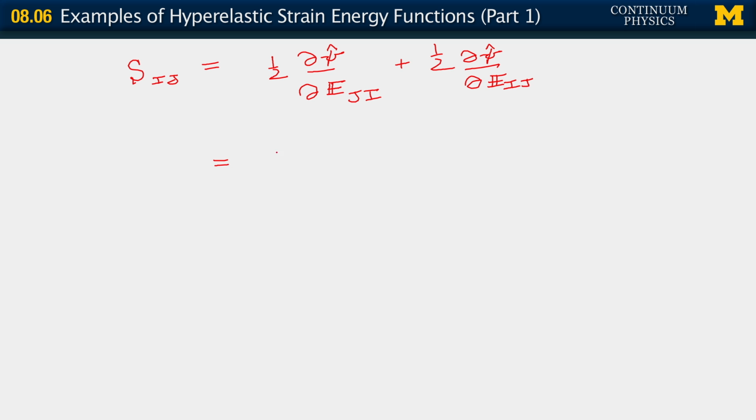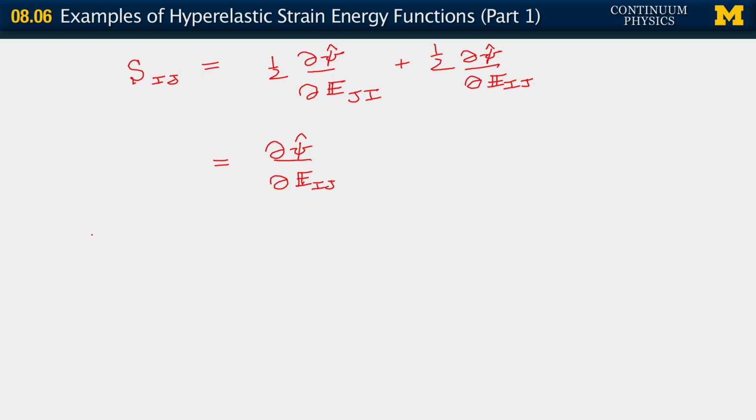So we see that this basically is partial of psi hat with respect to E ij. Right? We could have turned it around to ji. It doesn't matter because S is symmetric as well. Okay. All right. So we've demonstrated that.